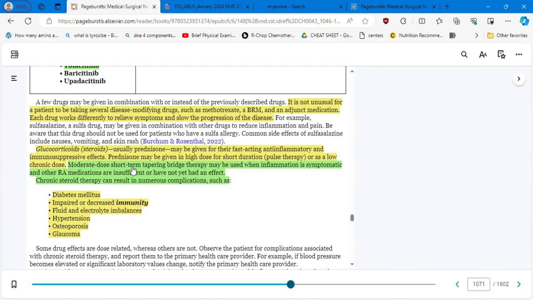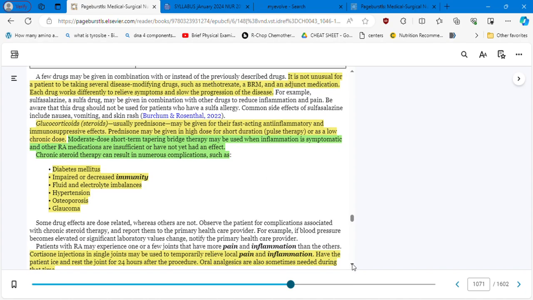Moderate dose short-term tapering bridge therapy may be used when inflammation is symptomatic and other RA medications are insufficient or have not yet had the effect. Chronic steroid therapy, there you go, can result in numerous complications such as diabetes mellitus.